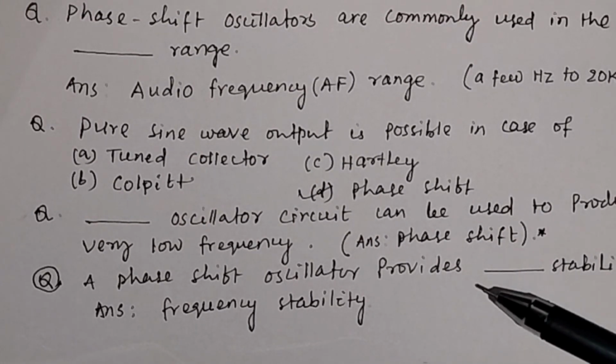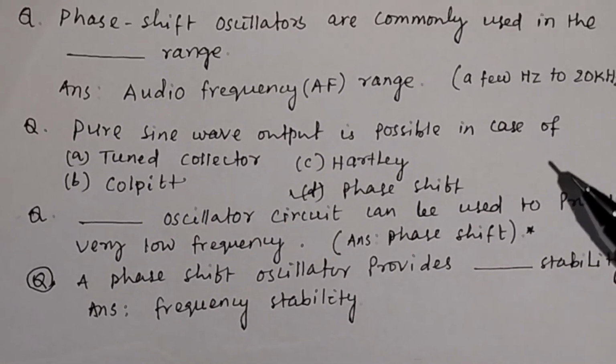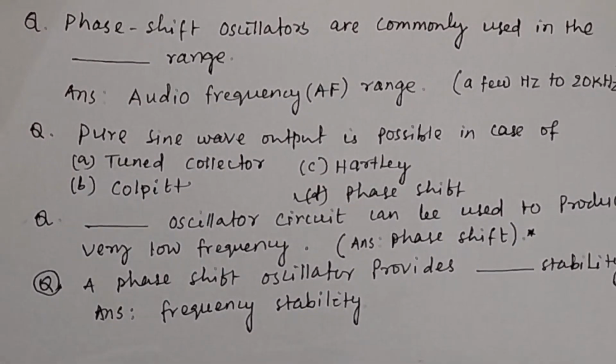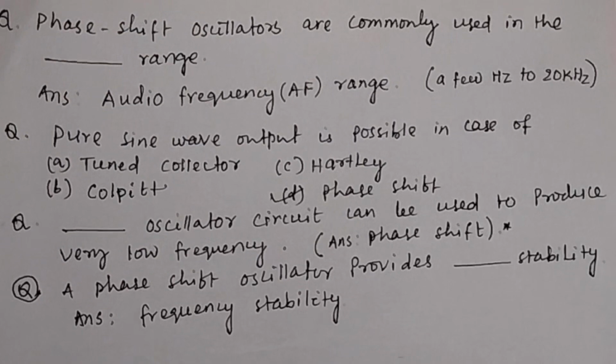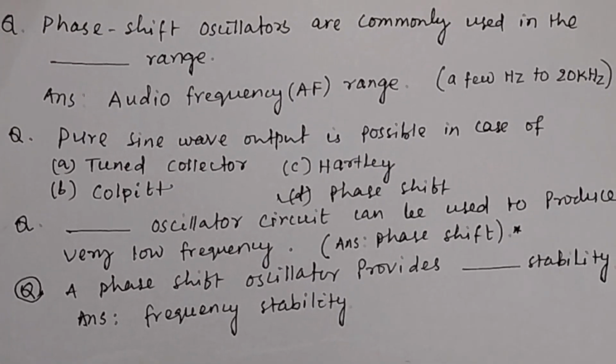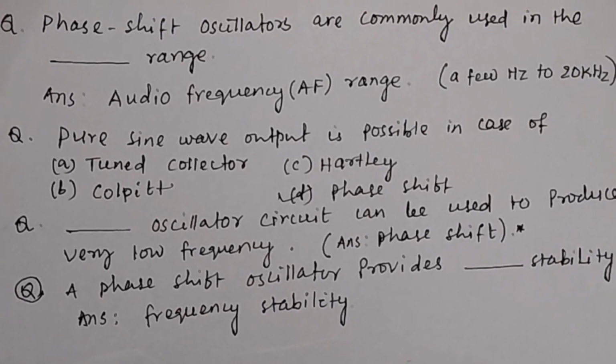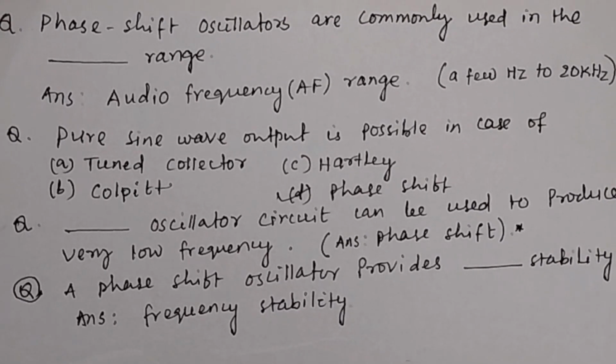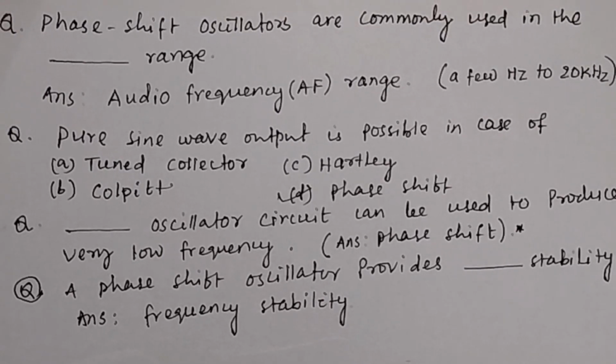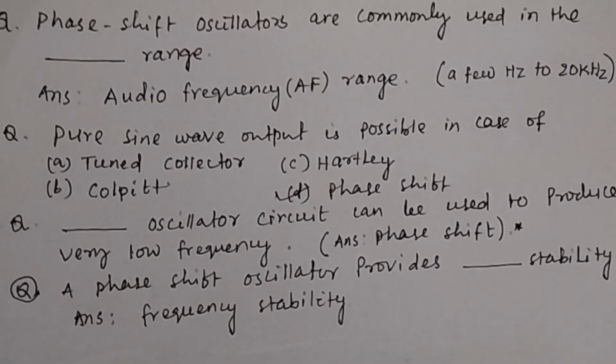A phase shift oscillator provides dash stabilization. Frequency stabilization can be obtained by using phase shift oscillator, but better frequency stabilization can be done by other oscillators, though sometimes the phase shift oscillator is also used for frequency stabilization.